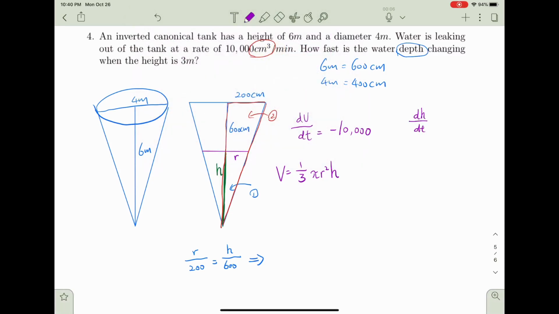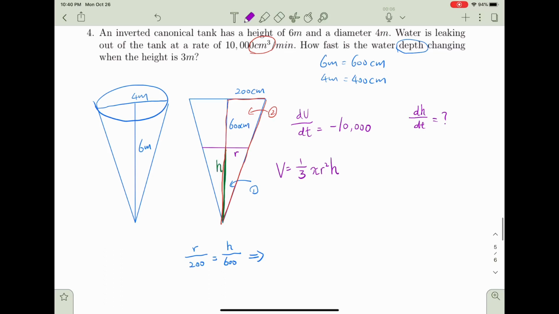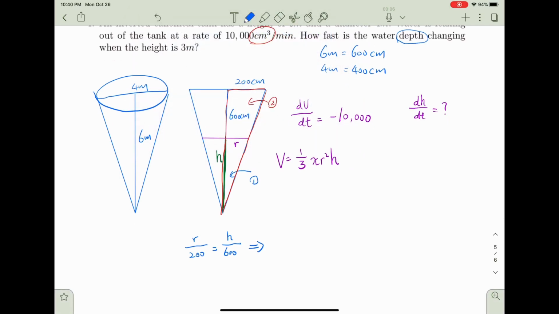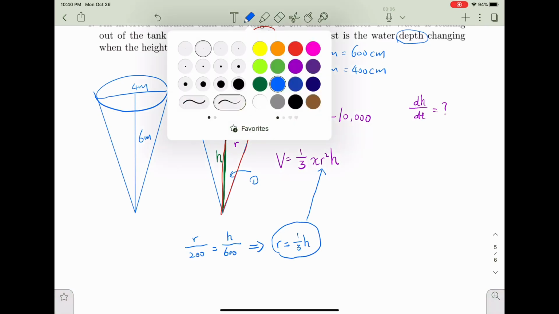So we cannot eliminate h because we need to use it. We need to eliminate r, which means we should represent r by using h. So r is equal to 1/3 of h, and we plug this back into the volume equation.